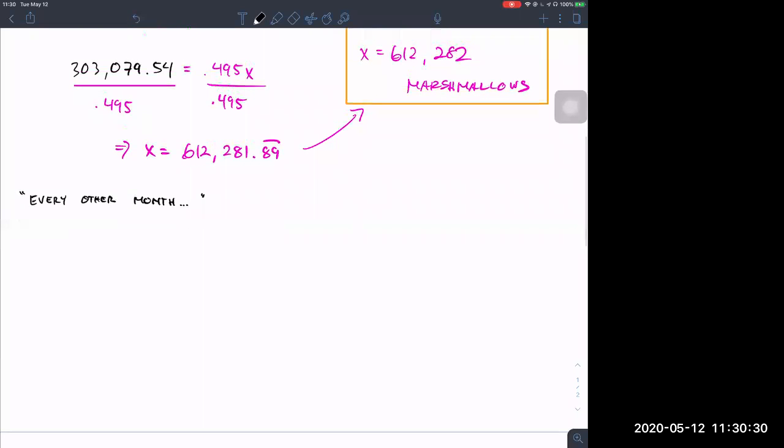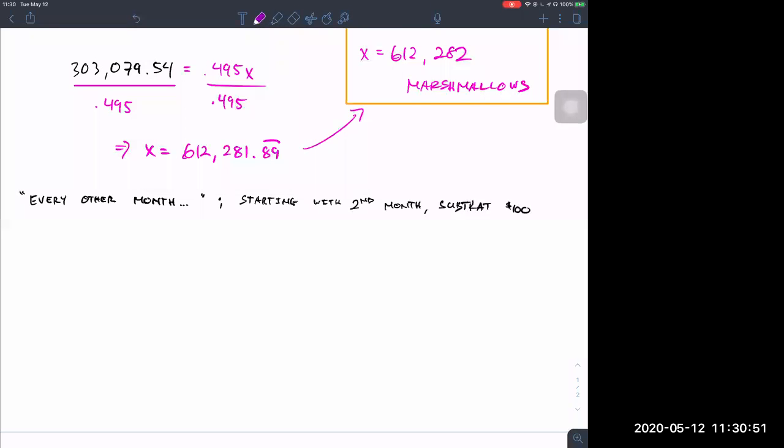So if I say every other month, starting with second month, subtract $100, right?